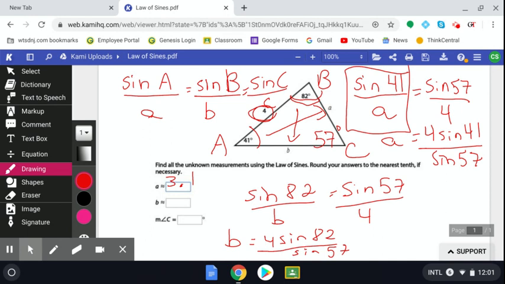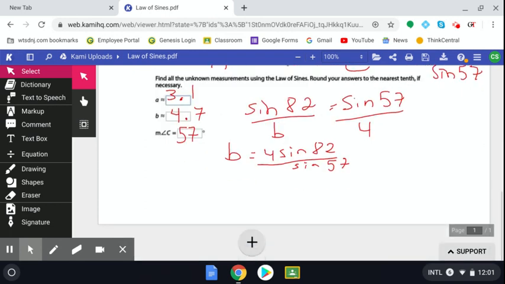So 4 times sine 82 divided by sine 57 gives me 4.7. Okay? And then the last question they ask me is what the measure of angle C is. Well, that one I already know because I did 180 minus the sum of 82 plus 41. So that is 57. Okay, so that's pretty much all you need.